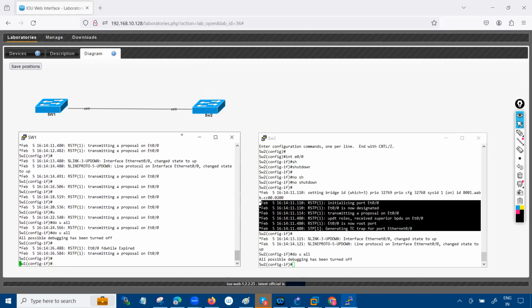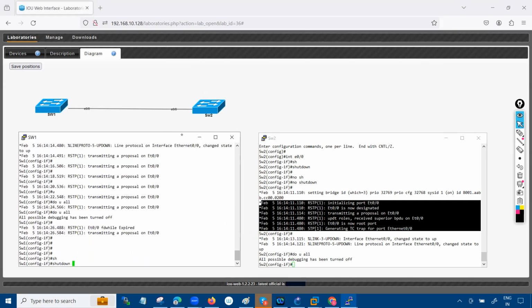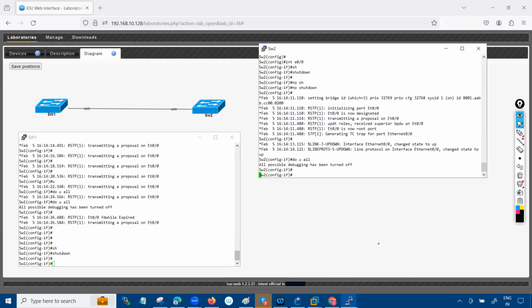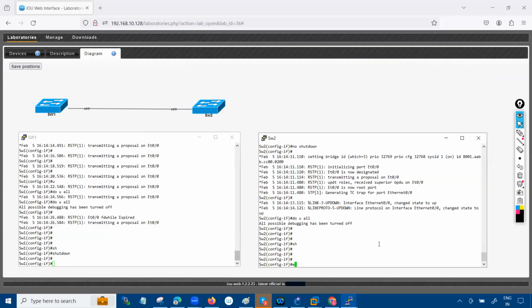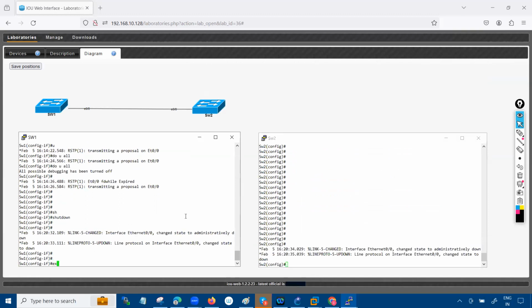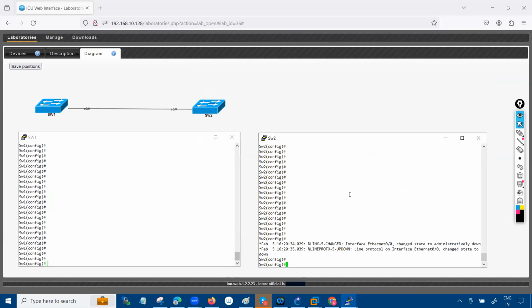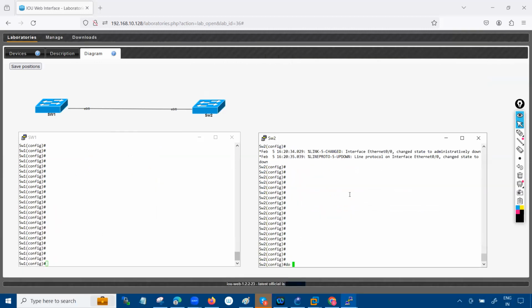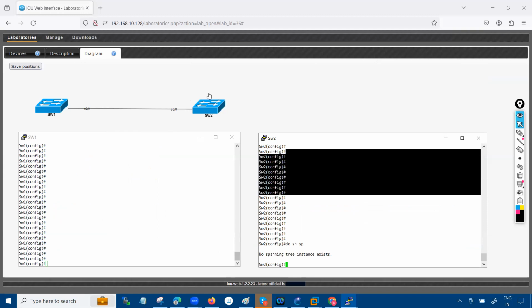If I'm not going to do the debug, let's take an example. I'm going to shut down this interface. Both the interfaces are down right now. So there is no spanning tree going on. If you put the command, spanning tree does not exist right now because the link is down.